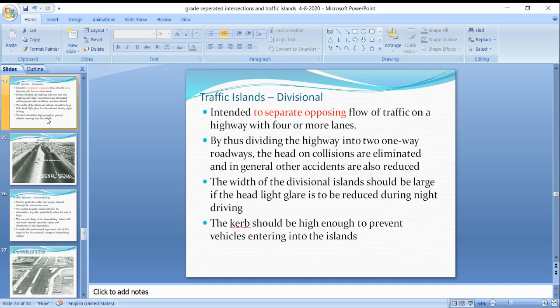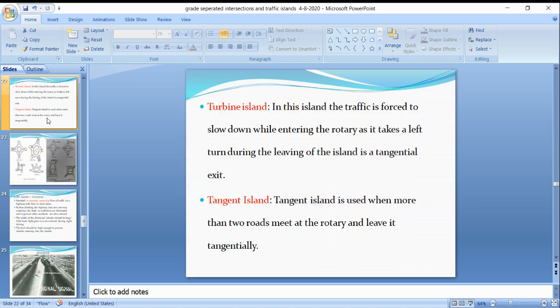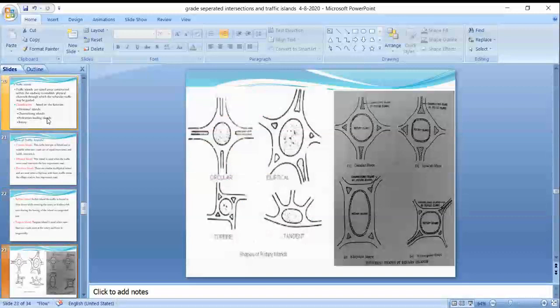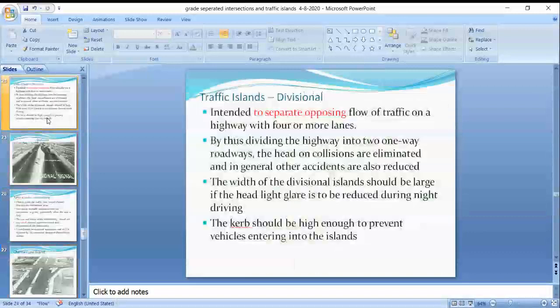So here we have seen the traffic islands. We have already seen some of them: divisional islands, channelizing islands, pedestrian loading islands, and rotary islands. So what is the divisional island?